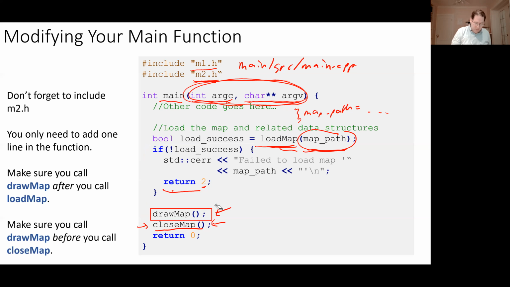Okay. What you should do in your program though is you always want to call load map first, okay, to set up your data structures, then call draw map, and at the end call close map. All right, so that is the structure that you want to use. Your main program should do that. To help you test your drawing routines with a lot of different maps, we also have ECE 297 exercise will also just open and close and draw all sorts of maps.